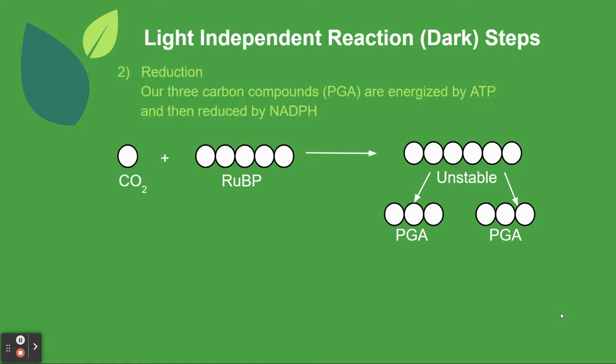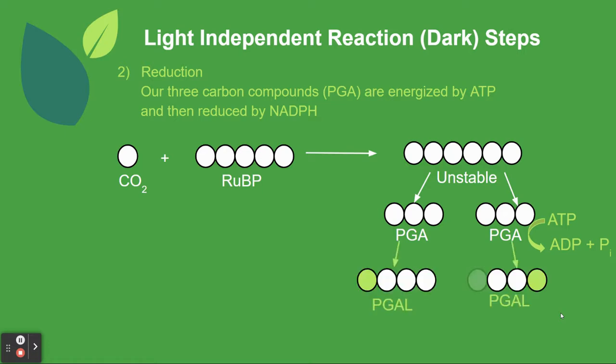Here comes the second step, the reduction step. So the reduction step now takes these 2 PGA molecules and steals energy from ATP. So ATP goes back to its original form of ADP, and then it steals energy from NADPH to make PGAL. So this is what we would call the reduction phase.